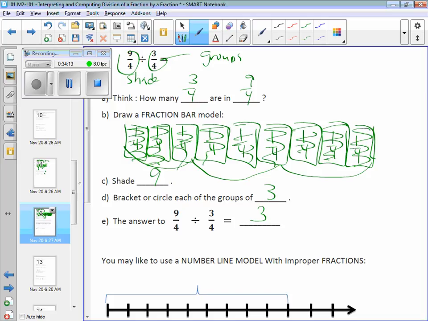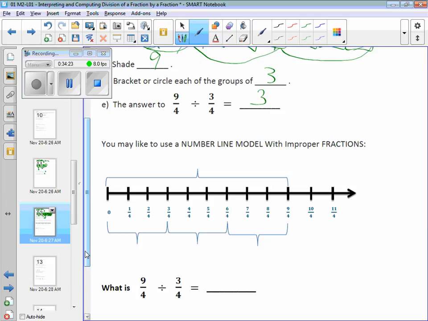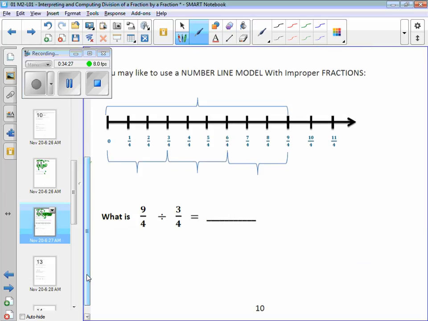I'm going to model this using a number line. Some of you are going to like number lines better than shading. It is less work, but there's another way to model this using a number line. This might be different from the way Nat did it. I don't know. Okay? Same problem. 9/4 divided by 3/4, right?